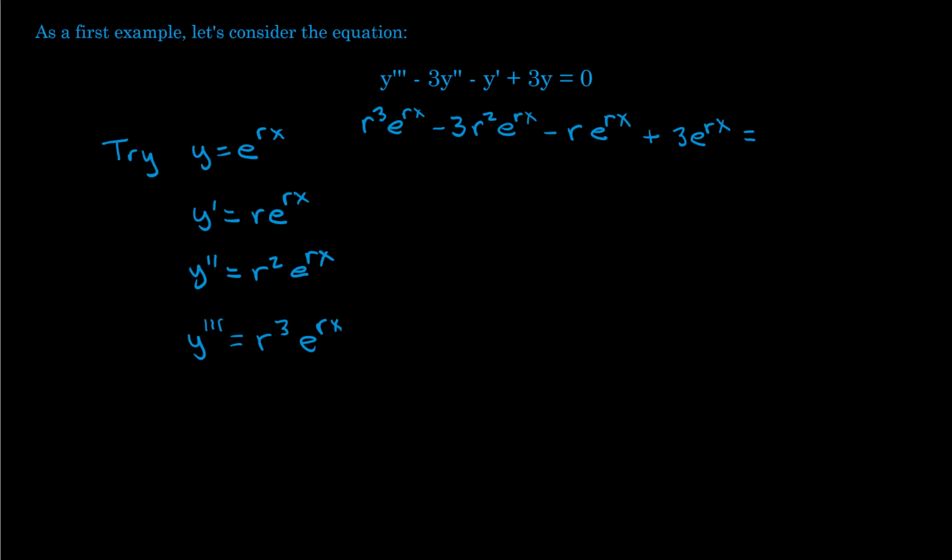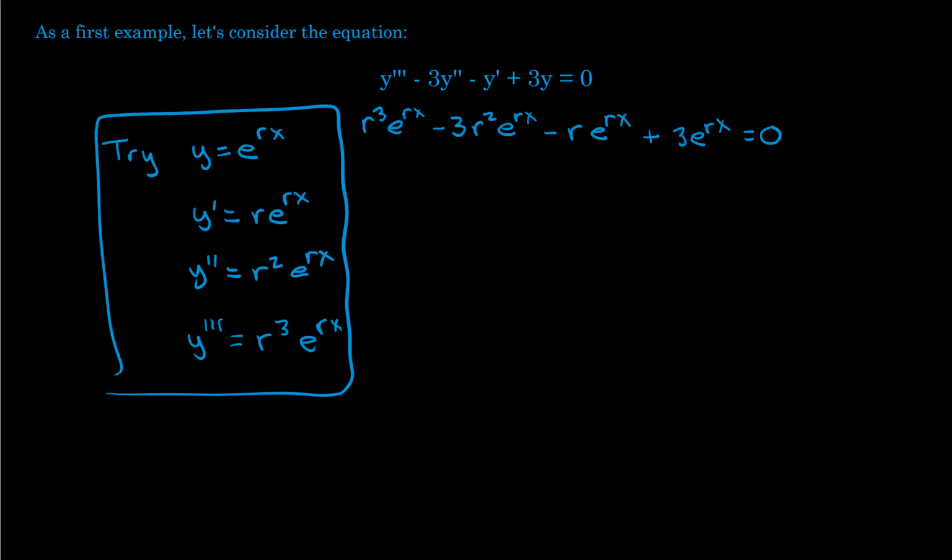Notice here there is not a coefficient of r in front of it. Okay, so I'm going to box this off, keep this over to the side. This equation that we have here can be rewritten. We can factor out the e to the rx. And what we'll then have is r cubed minus 3r squared minus r plus 3 equals 0.